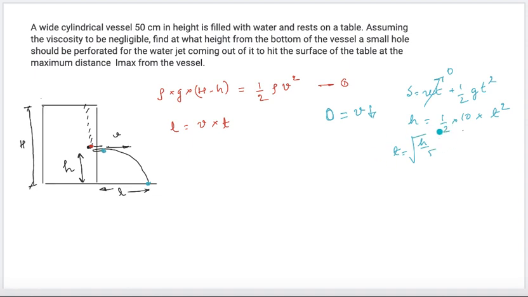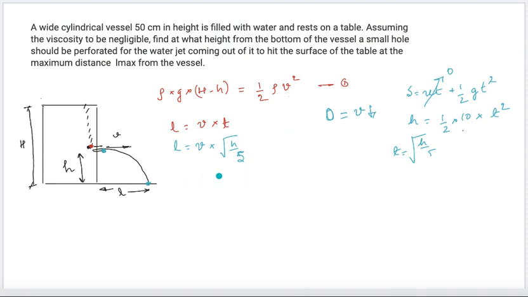This is the value of t. Now this L is equal to v into root over of h by 5 if we substitute the value of t here, right? Now from this equation we will substitute the value of v, right?